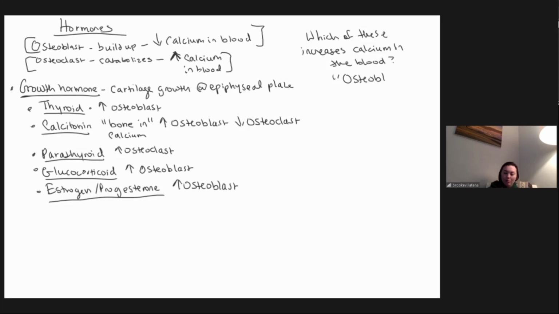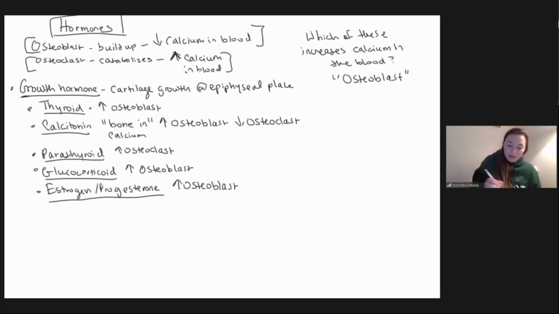So basically what we're saying here, oh, I lost my screen. What we're saying here is if it increases osteoclast, it increases calcium in the blood. Does that make sense to everybody? So kind of go over them. It's not a lot of your tests, so I don't want you to panic, but I did remember on my test feeling like I hadn't studied this little topic enough, and I think I missed a few questions because I hadn't really gone over it as much as I could have. So just touch on it some more so that you don't lose out on some easy points there.